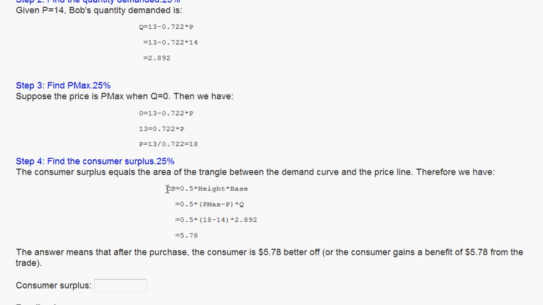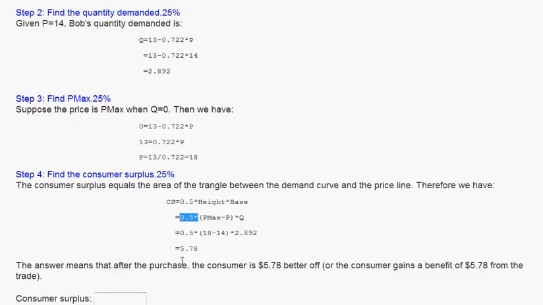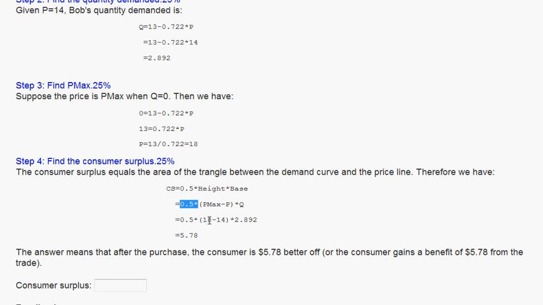The consumer surplus is equal to 1/2 times height times base. So 1/2 times P max minus P times Q. Let's plug in these numbers, and it turns out that the consumer surplus is equal to 5.78.